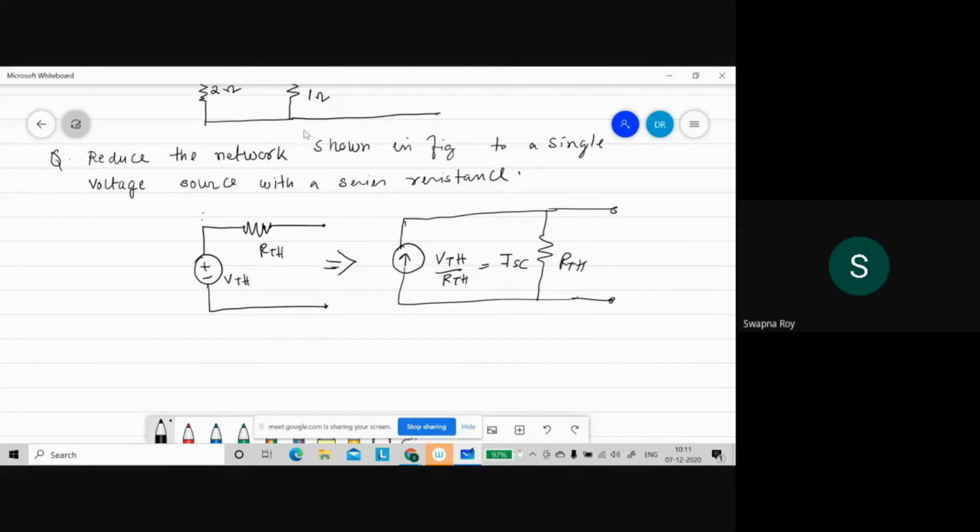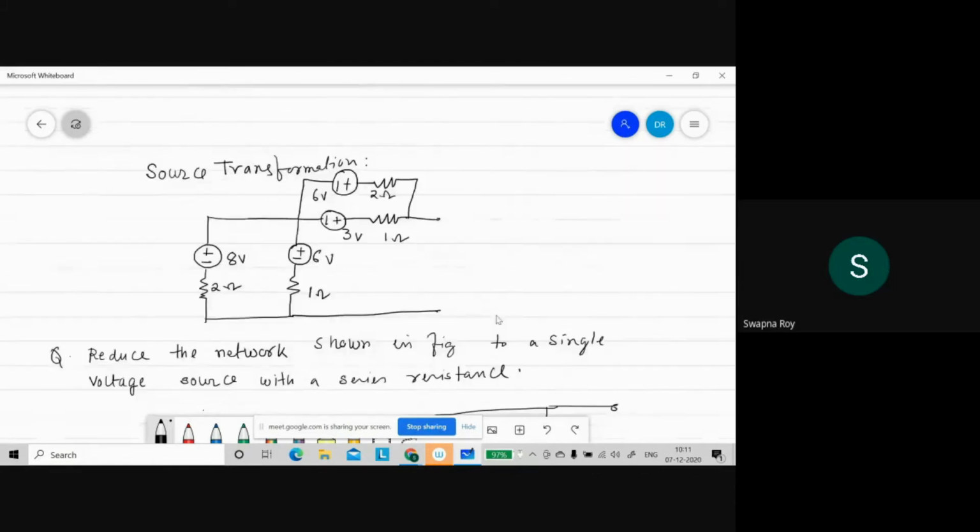Now, in this problem, the objective is to reduce the network shown in the figure to a single voltage source with a series resistance. Ultimately, from this network, we have to reduce it to a single voltage source and a series resistance.